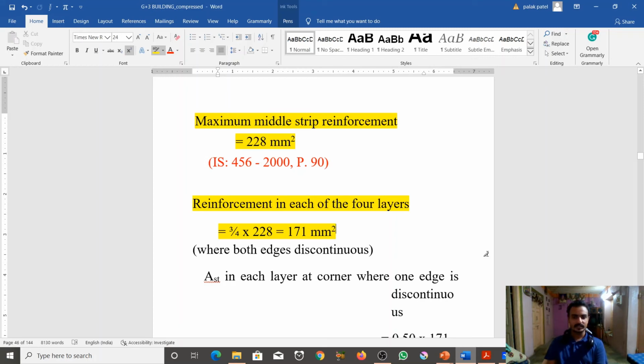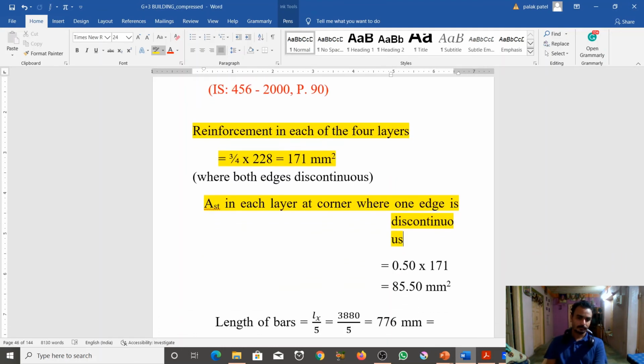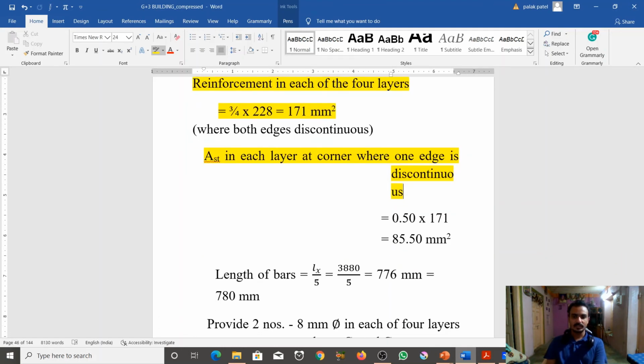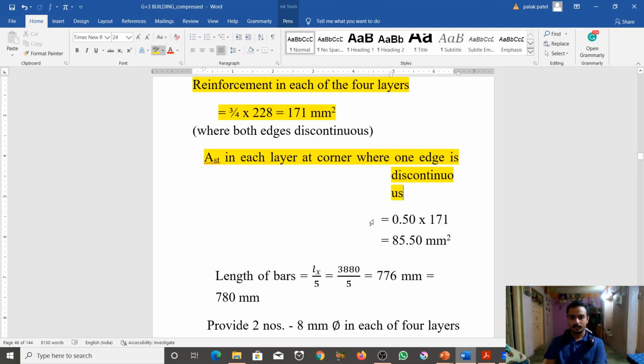So Ast in each layer at a corner where one edge is discontinuous is 0.50 into 171, which is 85.50 mm square.